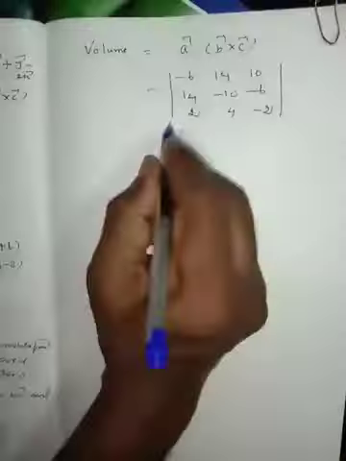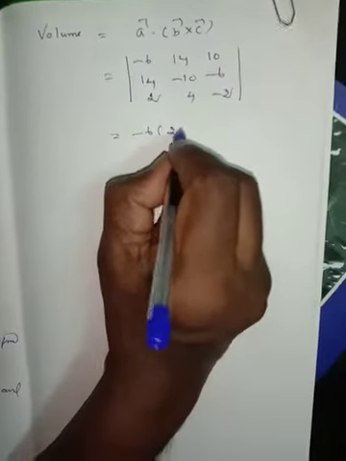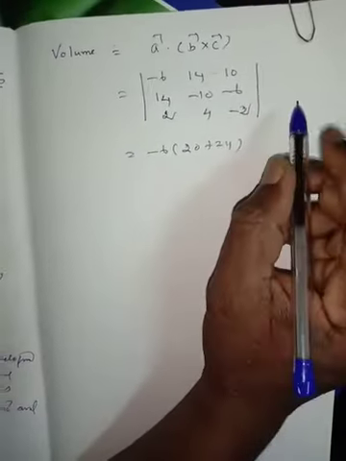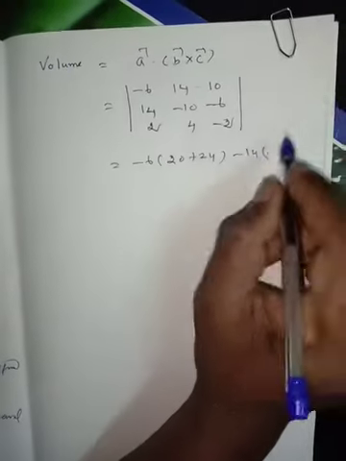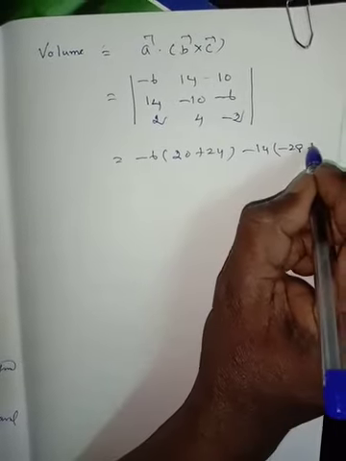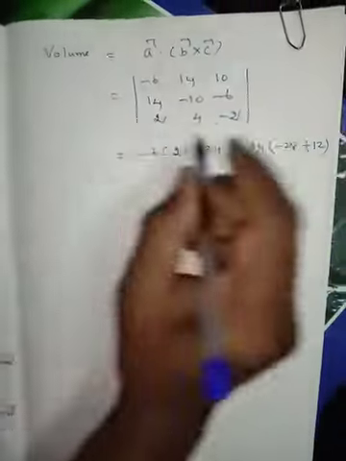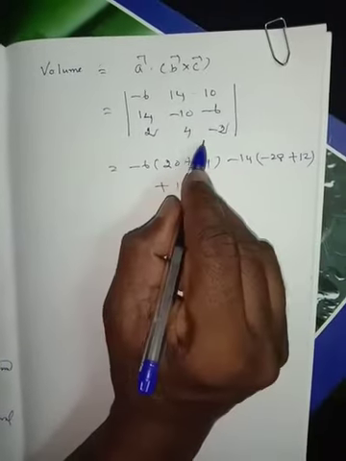Expanding, we get -6 into (20 + 24), minus 14 into (-28 + 12), plus 10 into (56 + 40).